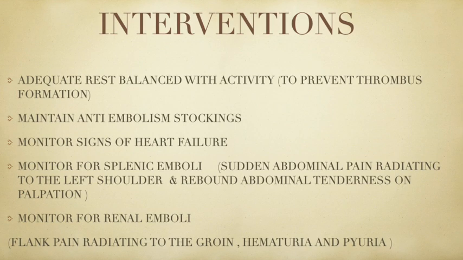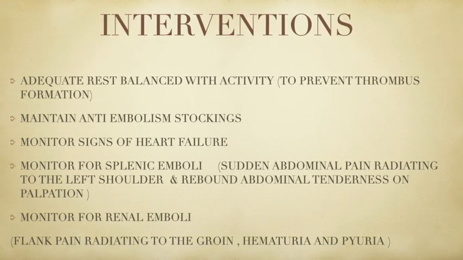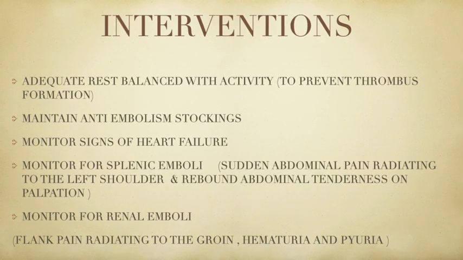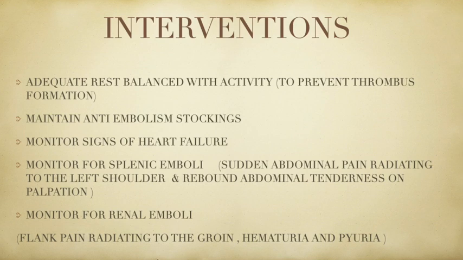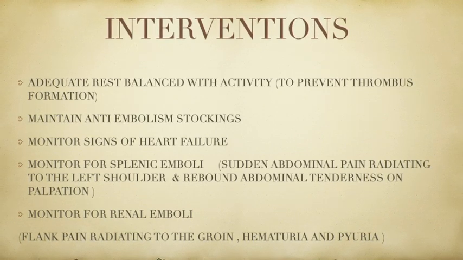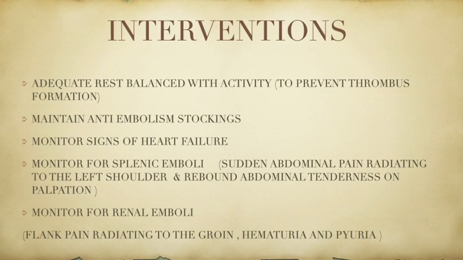Maintain anti-embolism stockings, as there will be a chance for emboli. Monitor for signs of heart failure, and there will be chances for splenic emboli, renal emboli, and pulmonary emboli.